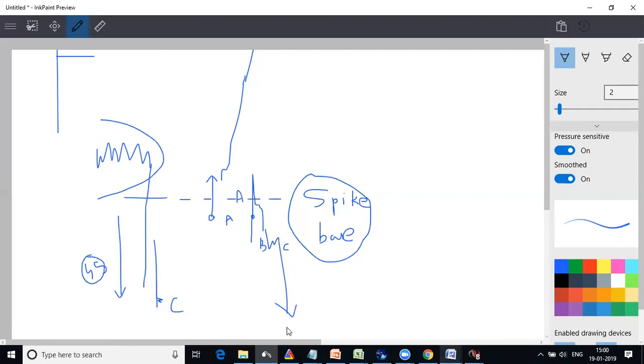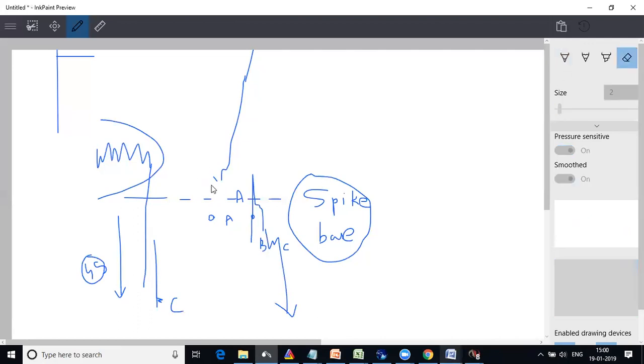A spike base can also be treated something like this. It depends upon where the price is opening. That matters a lot. So let's say instead of here, price started trading somewhere in this band.